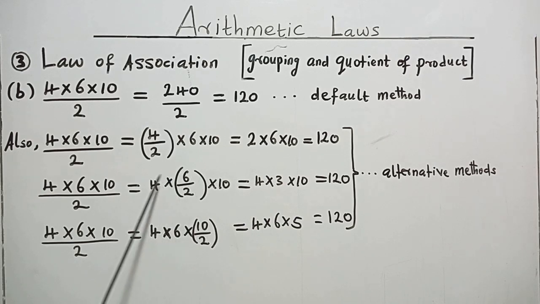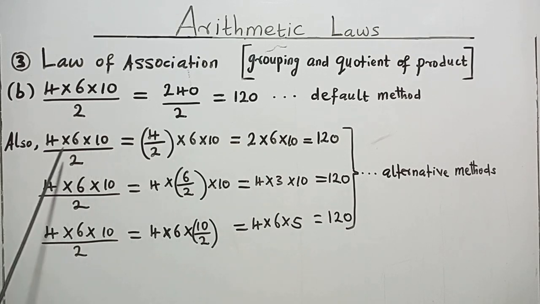The 4 is still where it is. 10 is still where it is. I now know that you know how this operation became this one. Okay, 4 times 3 is 12. 12 times 10 again is 120. So whether 2 divides 4 or 2 divides 6, the result is the same 120.